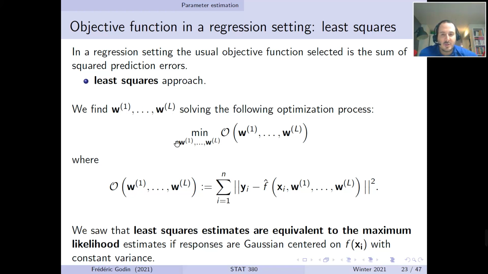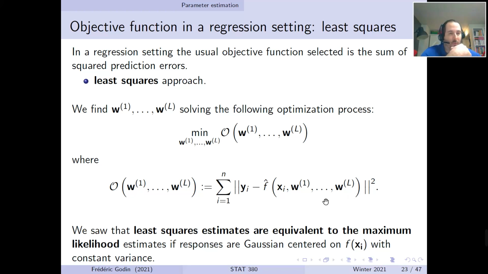We want to find the parameters which minimize our objective function, which here is the least squares: the sum across all observations in the training set of the squared Euclidean distance between your response for the ith observation and the associated prediction you make with your neural network. So you want to find parameters which lead to predictions that are as close as possible to your responses in the least squares sense.